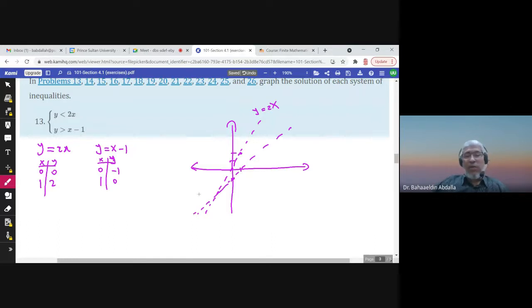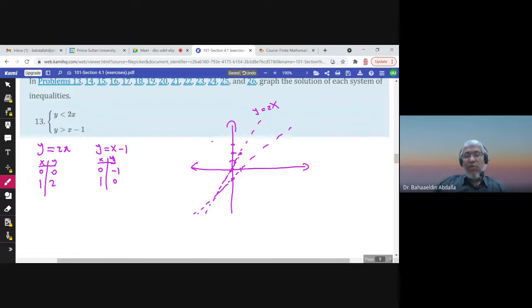And now let me check which half of the plane. Well, the first line passes by the point 0, 0. So you cannot choose 0, 0 here. Well, I choose any number in this region. For example, this point, or even this point.